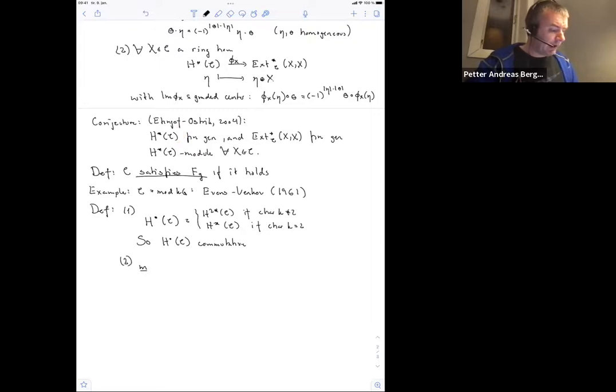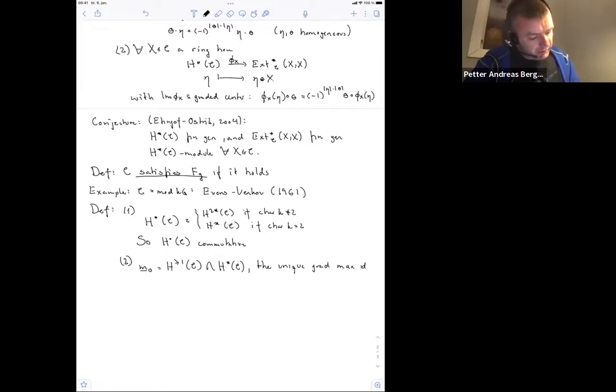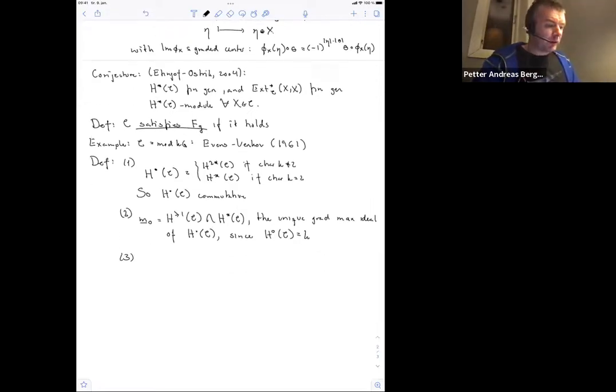I'll just refer to this new guy as the cohomology ring of C. So this is the unique graded maximal ideal, because we have assumed that the degree 0 part is just K. And then we define support varieties as just the zero set in the maximal ideal spectrum of certain ideals.